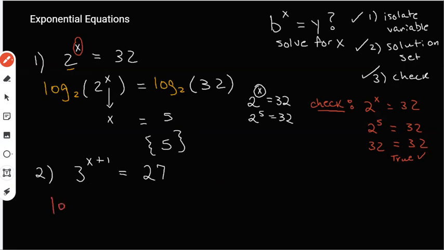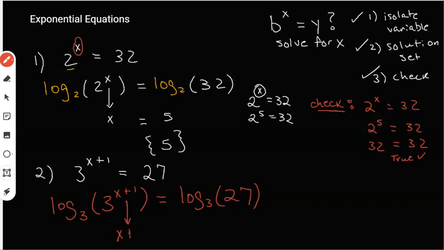So I'm going to take the logarithm base 3 of the left side, and I'm going to take the logarithm base 3 of the other side. Now I'm taking the logarithm with a base 3 of an exponential function with base 3. So that's going to cancel the 3's out, and the x plus 1 is going to come down.